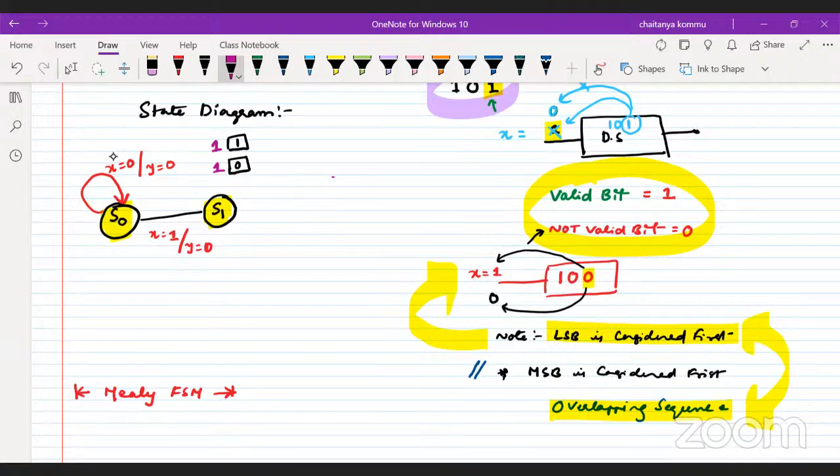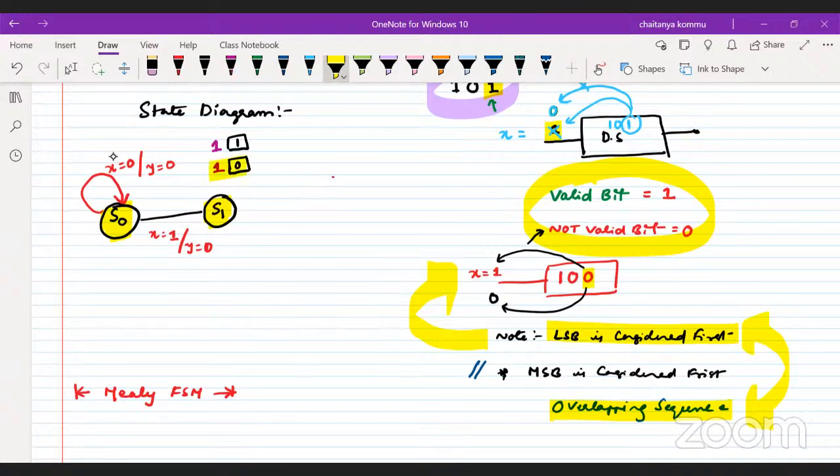For example, if it is a logic 0, what will happen? Since logic 0 is not a valid bit, there is no scope to start a new sequence from there, because it is a non-valid bit. But can we take both together, since it is an overlapping sequence?